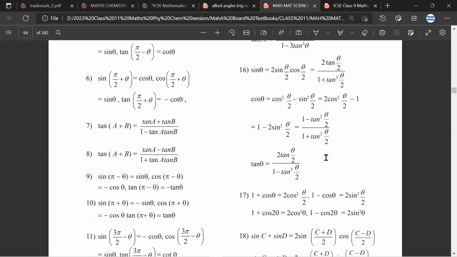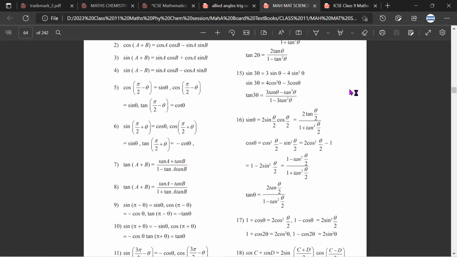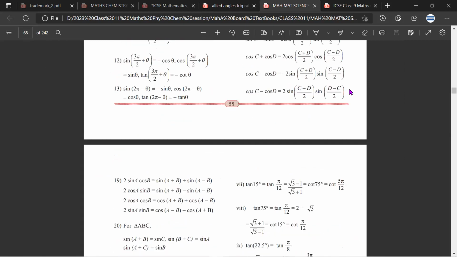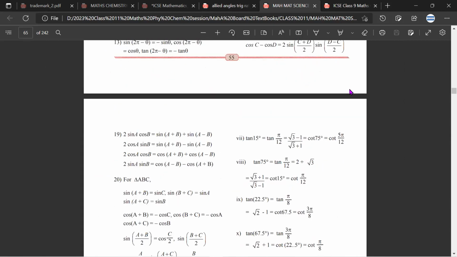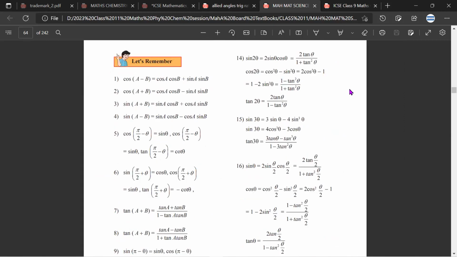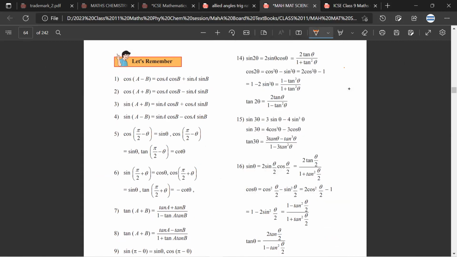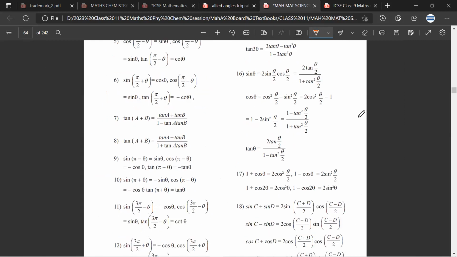The identities that we would be using would be these identities of sine, cos, tan.